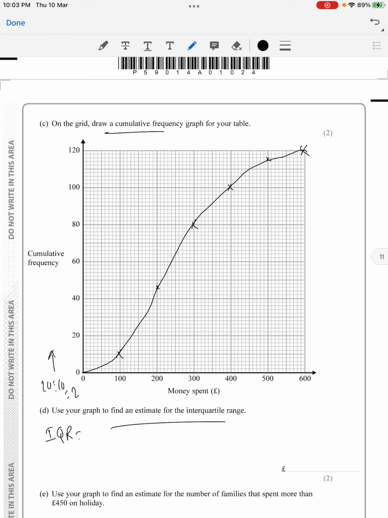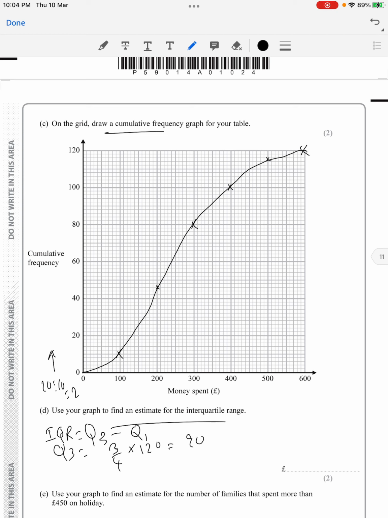So what you need to know is that the interquartile range is Q3 minus Q1. Q3 represents the upper quartile. Q1 represents the lower quartile. To find Q3, you do 3/4 of the highest cumulative frequency, 120, that should be 90, right?